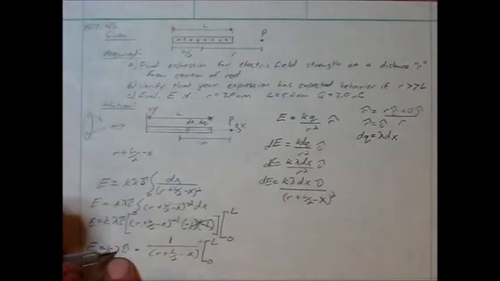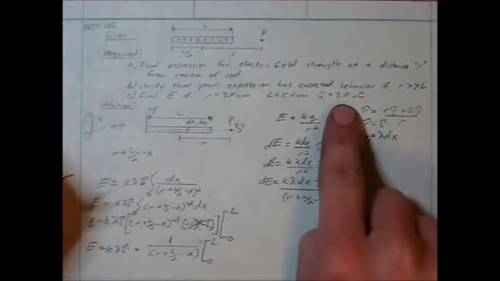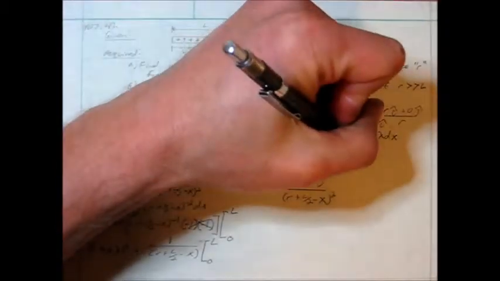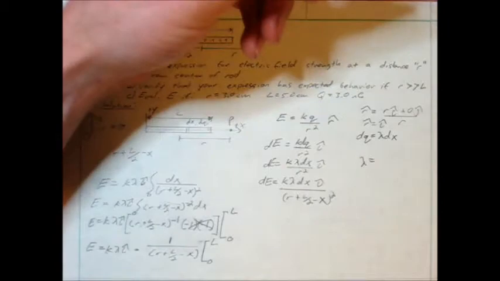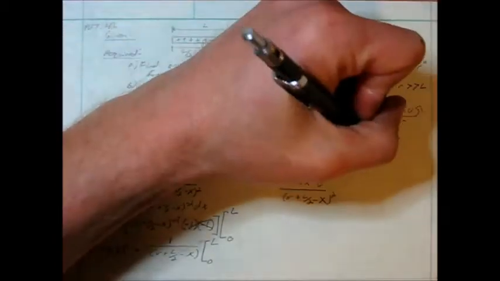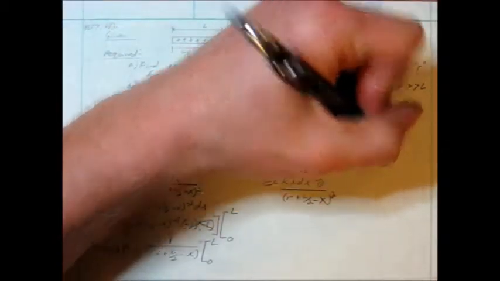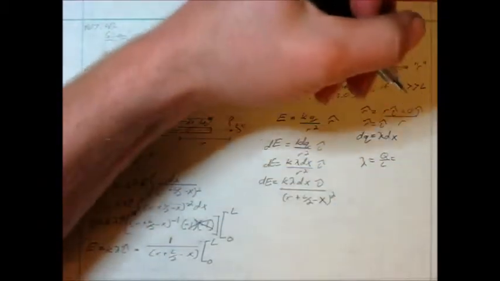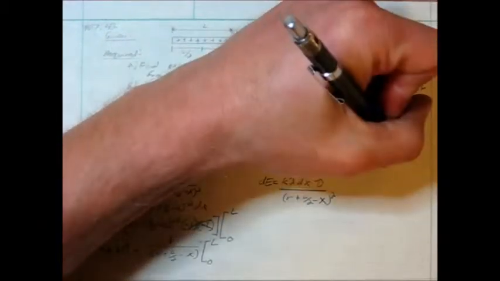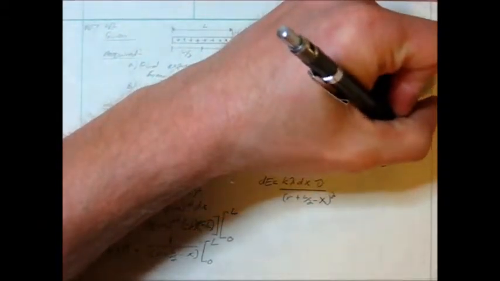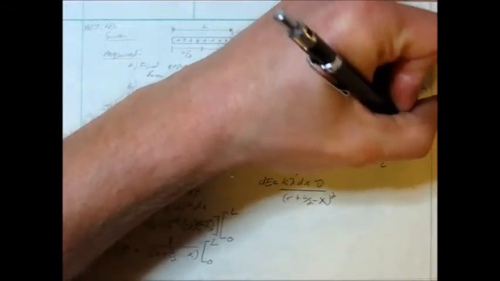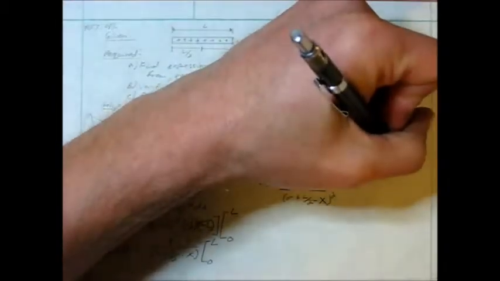Keep in mind we don't know what charge density is, but they give us the charge and the length here. We can just figure that out real quick. Let's see, Q over L, which equals 3 times 10 to the negative 9 coulombs over 0.05 meters.